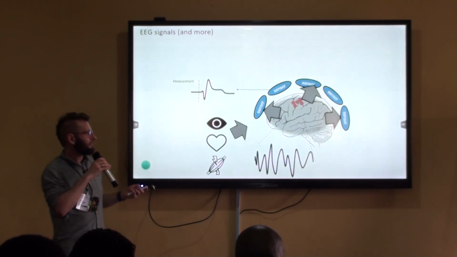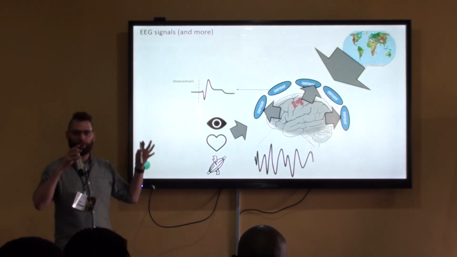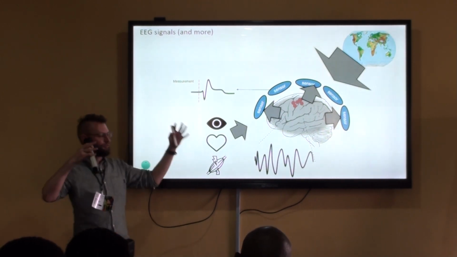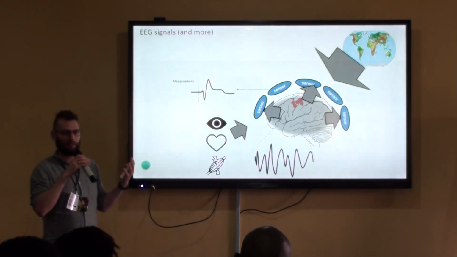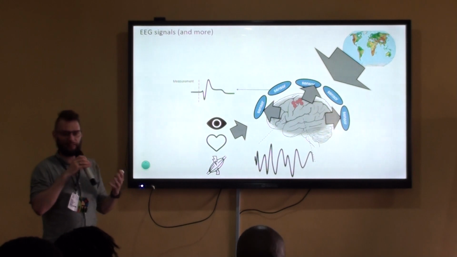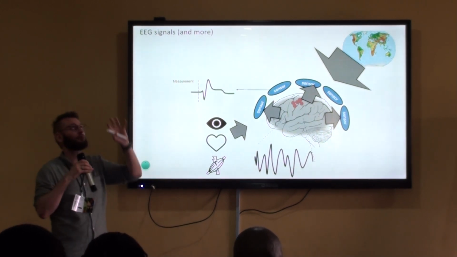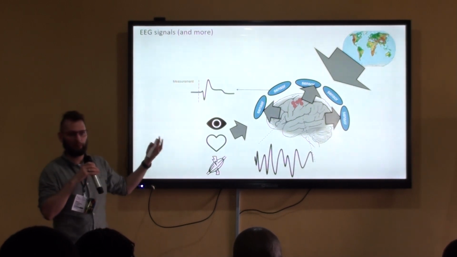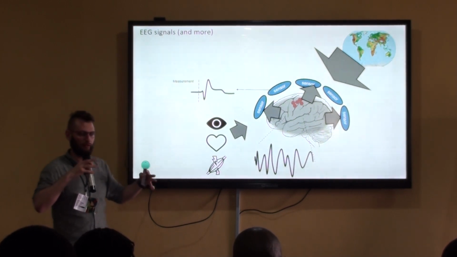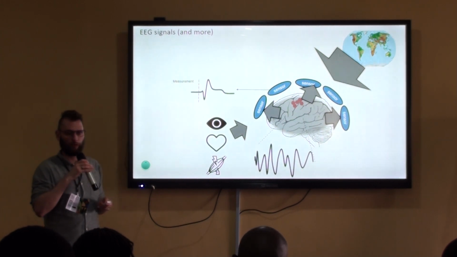In addition, what is also picked up to various degrees is environmental noise. This is used as a very broad umbrella term. It could be electromagnetic noise that comes from, for example, computers in the room, power cables, light, and so on, which we will try to minimize through our lab setup, but it will be picked up to some degree.